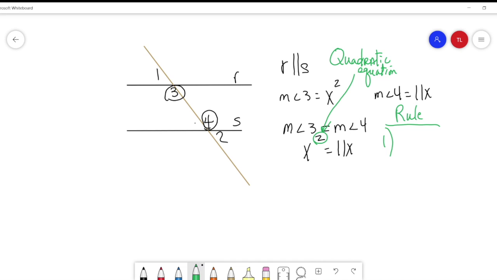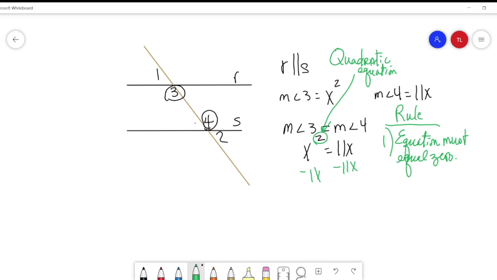Number 1 says the equation must equal 0. That means that 11x has got to be eliminated, and in mathematics, the operation will be subtract. Now there's a difference here.